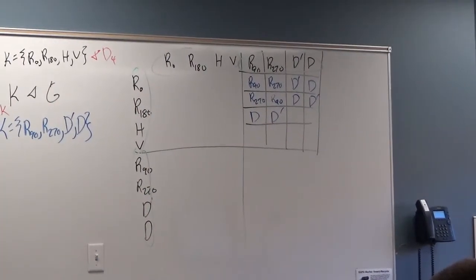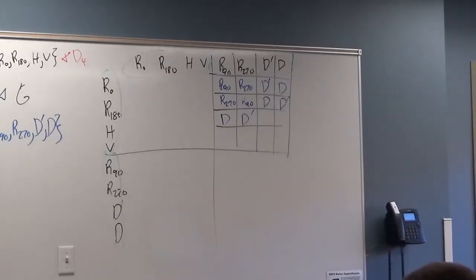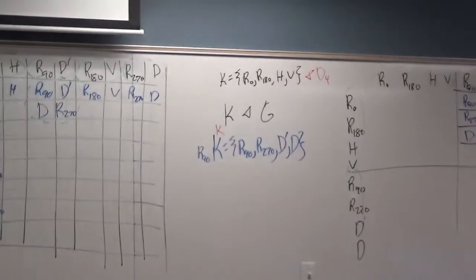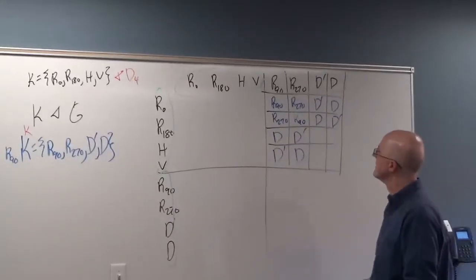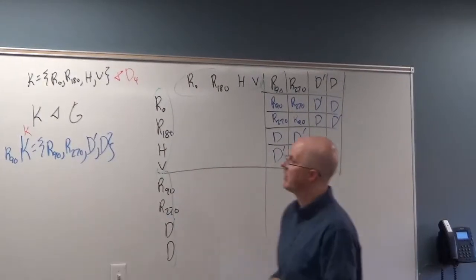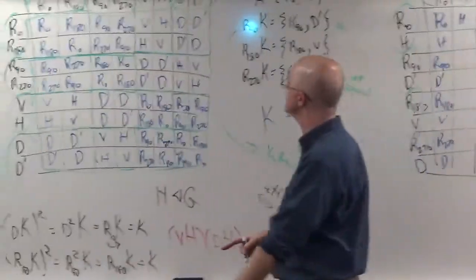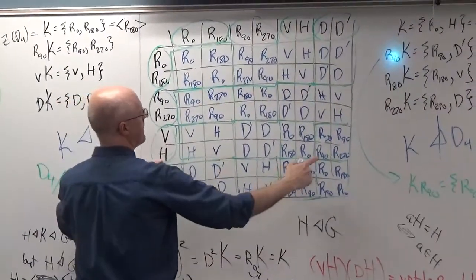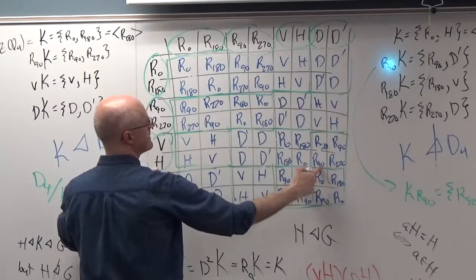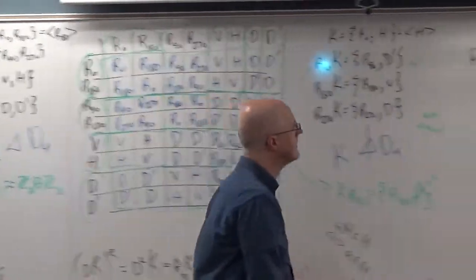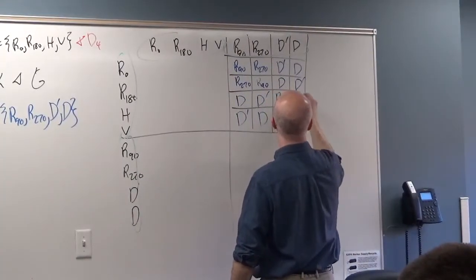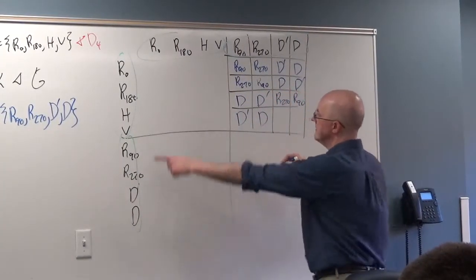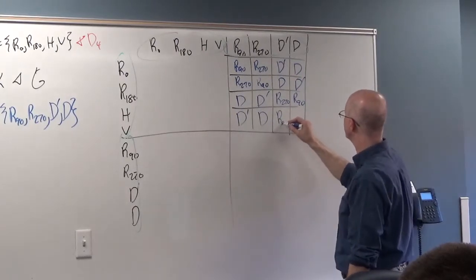V composed with R90 and R270 in the same order gives D prime and D. How about H composed with D prime and D? H composed with D prime and D first gives R270, then gives R90. And when you compose V with these, you're going to get R90 and R270 in the other order.